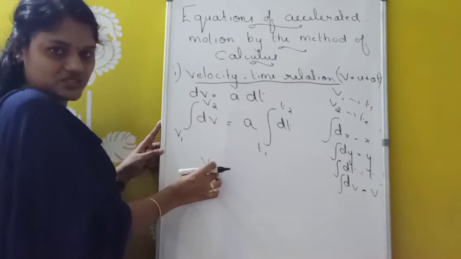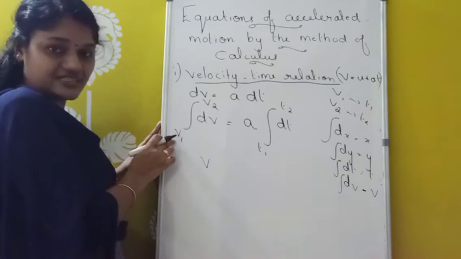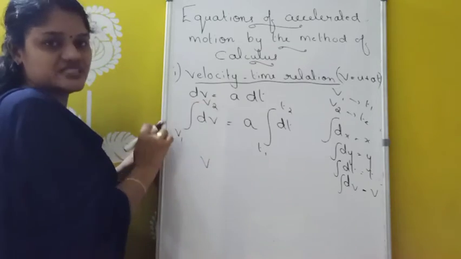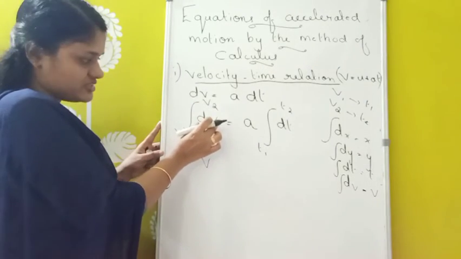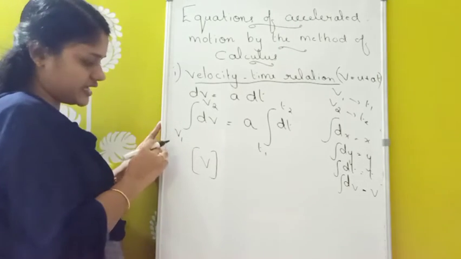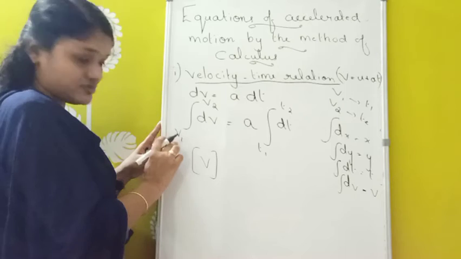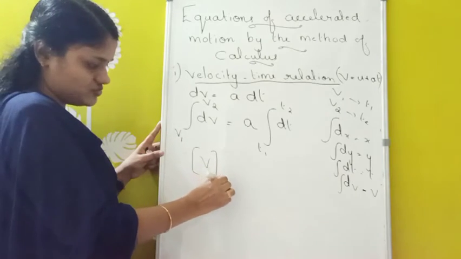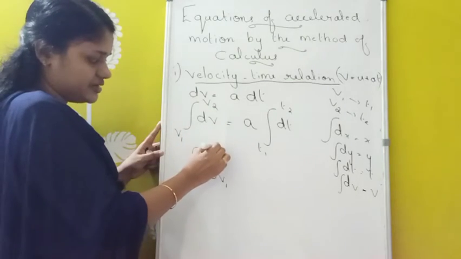So this integral value is v, and v1 is taken as the lower limit and v2 is the upper limit. First write the integral value, then put a square bracket like this, and write the lower limit v1 at the bottom and the upper limit v2 on the top.